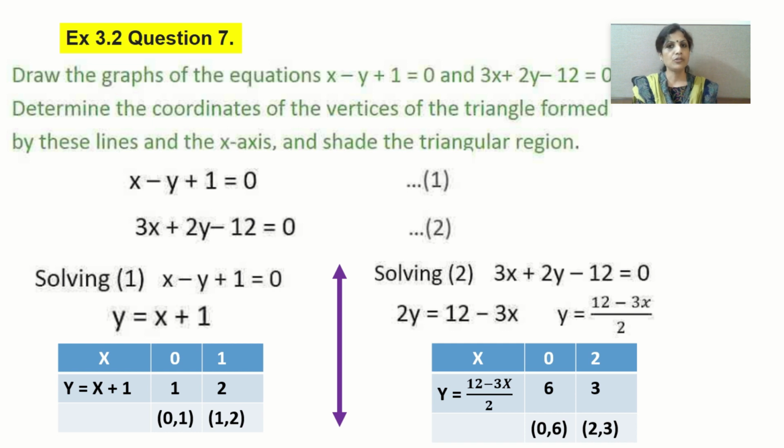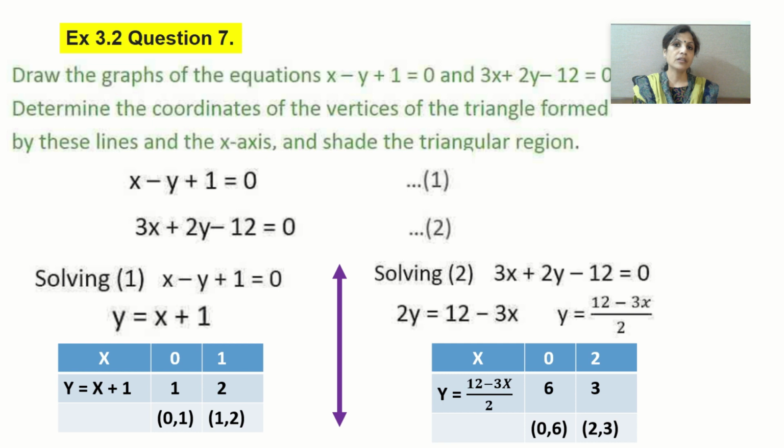So if I put x is equal to 0, I get y is equal to 12 by 2, which is 6. So our first coordinate is 0 comma 6. Now if I substitute x is equal to 2, we get y is equal to 12 minus 6, which is 6, and 6 upon 2 is 3. So the second coordinate is 2 comma 3.